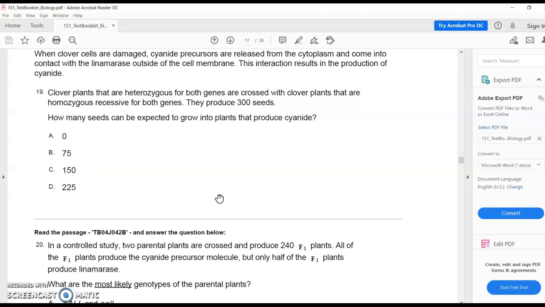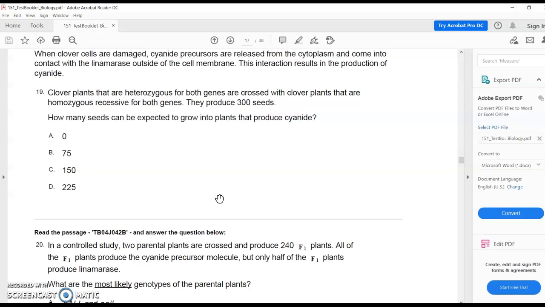One is a precursor, the gene A, which is dominant to the recessive, and then gene L, which is for the enzyme. So on 19, it gives you some genotypes. So clover plants that are heterozygous for both genes, so that'd be like big A, little a, big L, little l, are crossed with clover plants that are homozygous recessive for both genes.